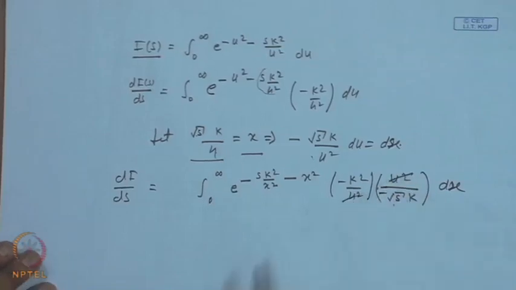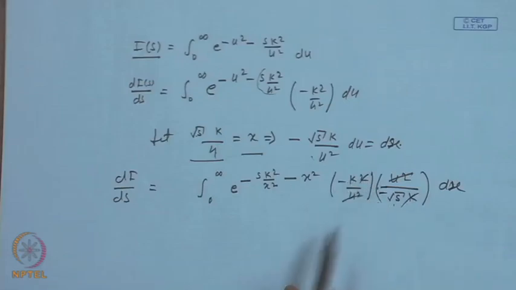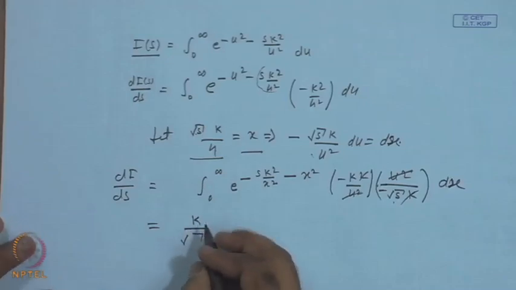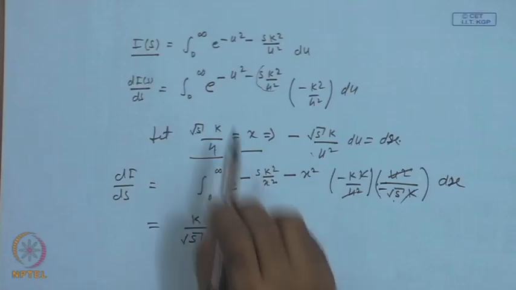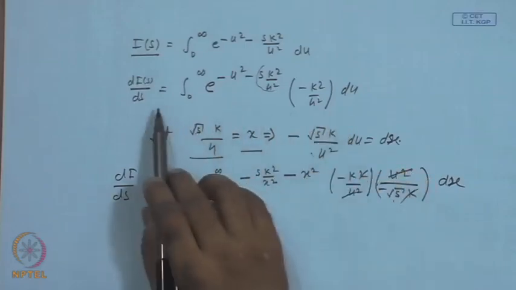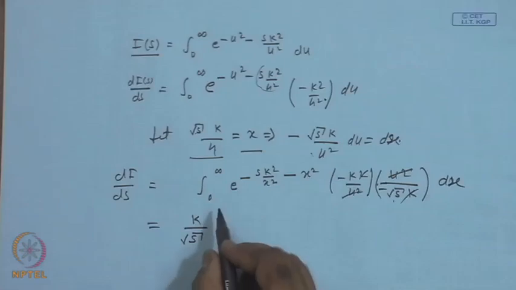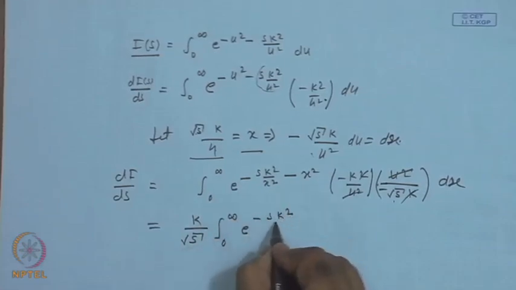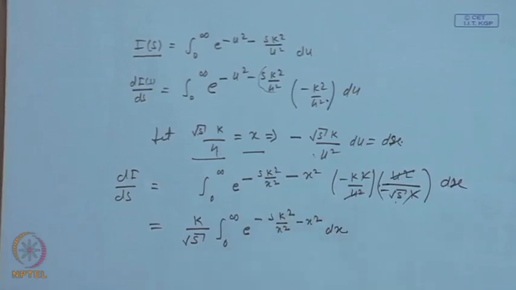So, this u square gets cancelled, and this k also. So, we have k over square root s. Just wait a minute. Here we have minus k square over u square, and so what we get is the integral from 0 to infinity of e to the minus s k square over x square minus x square, dx.